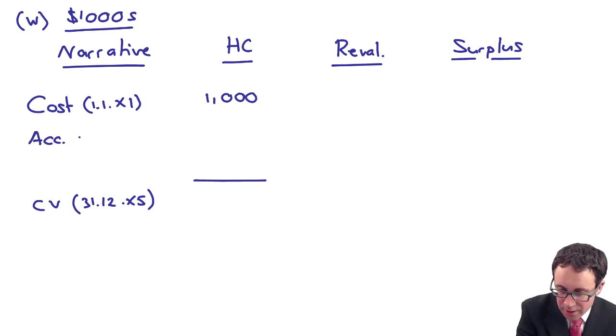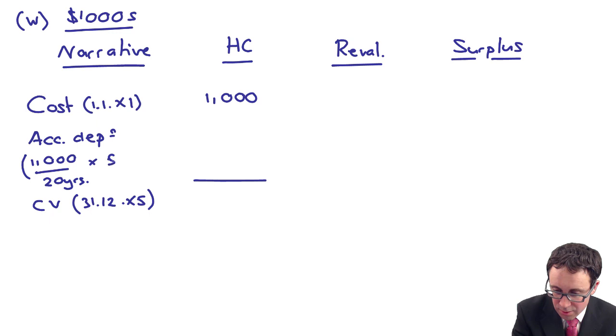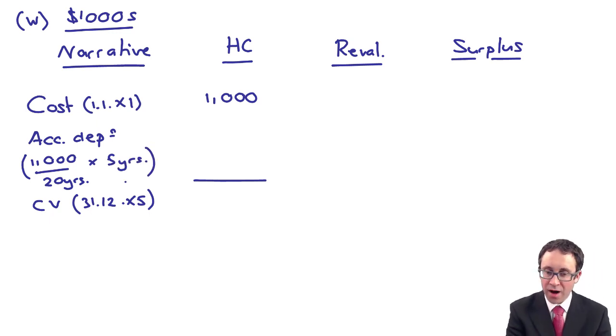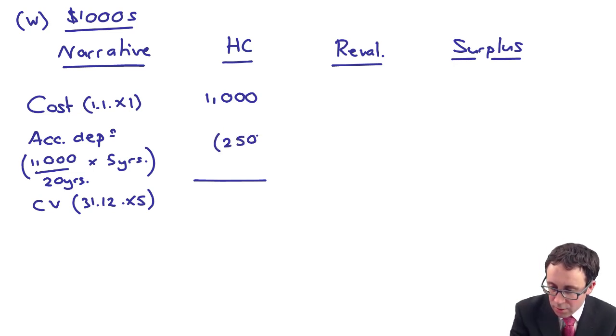My accumulated depreciation for the 5 years. Take the 1,000, divide it by the 20 years, and then we accumulate it there for the 5 years. So I think that comes down to 250,000, giving me a carrying value of 750.